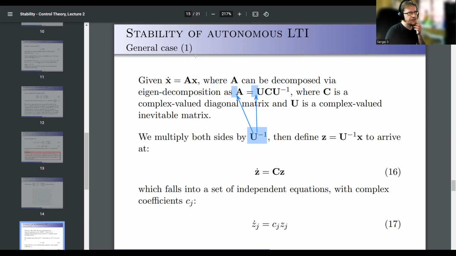And then we can define Z as U inverse times X. So U inverse times X will become Z. So after we did that, what we'll get is the same as we did before, exactly the same situation. So what we'll get is this equation.